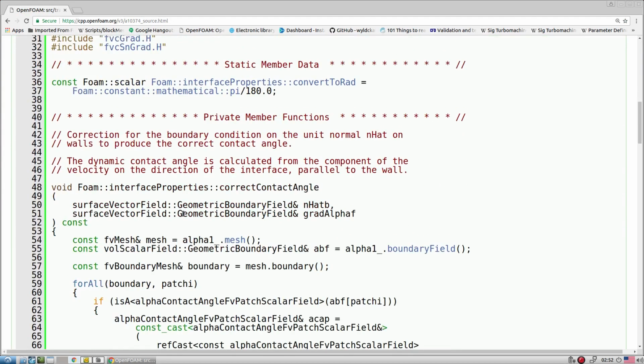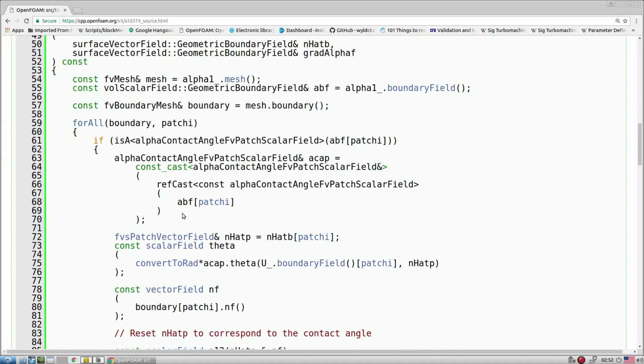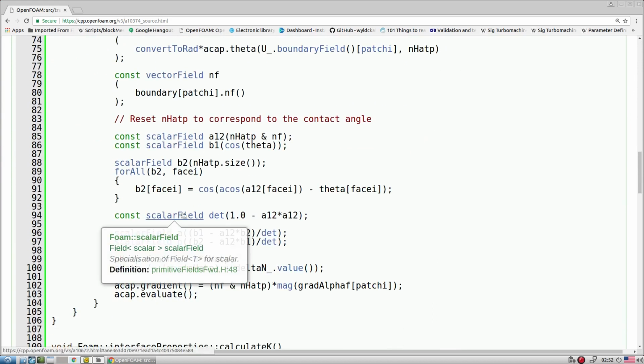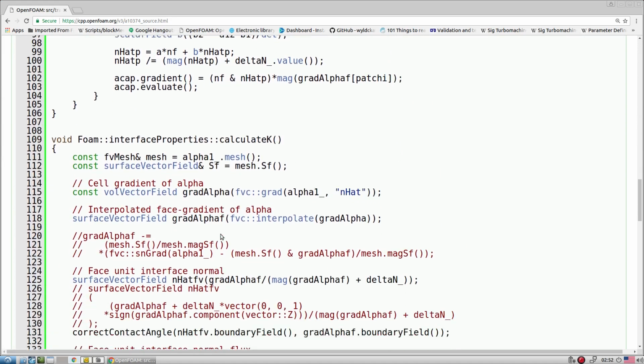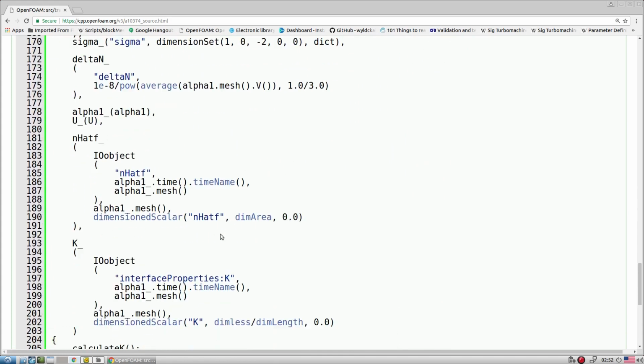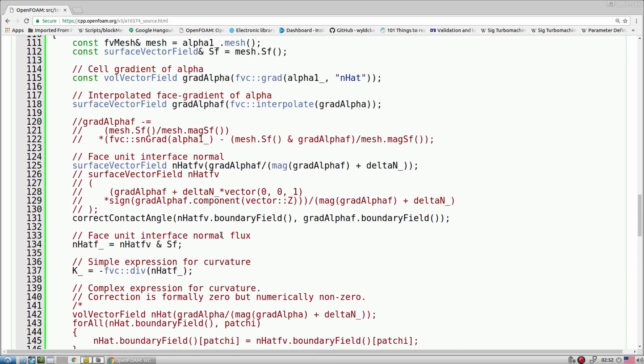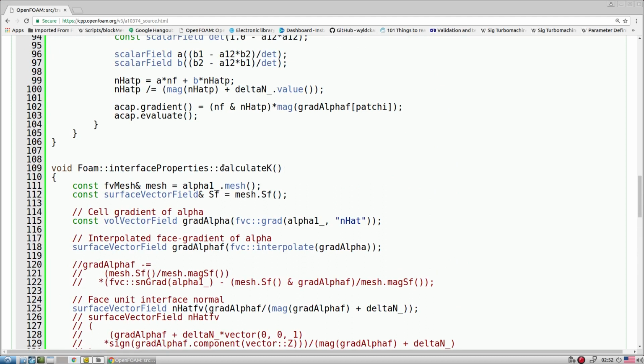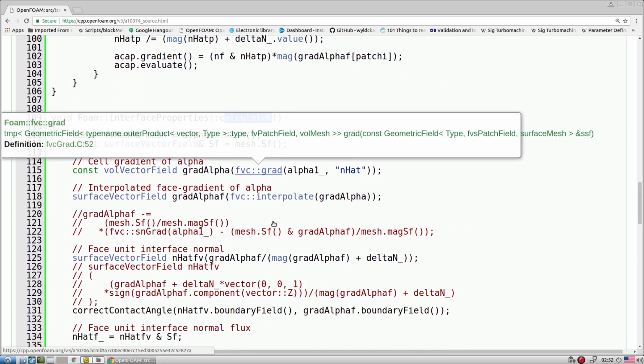If you go inside it, you will find exactly where this property is calculated, like calculateK.